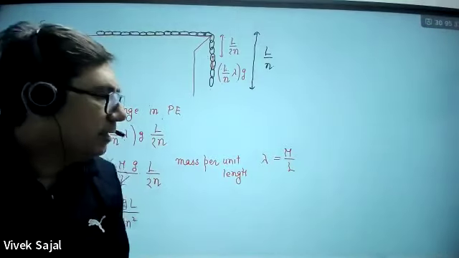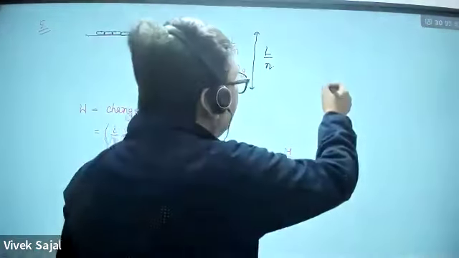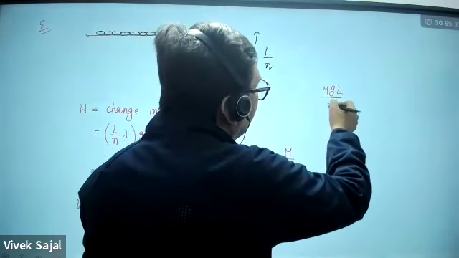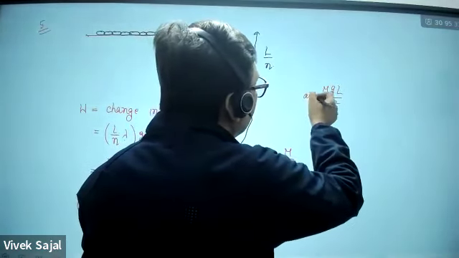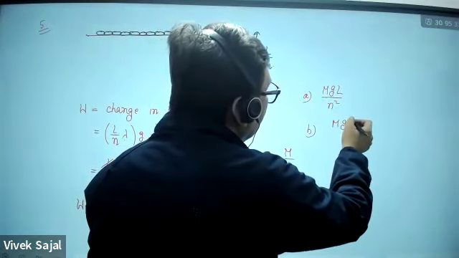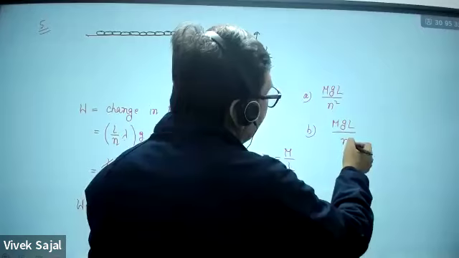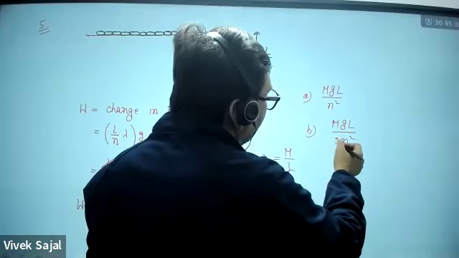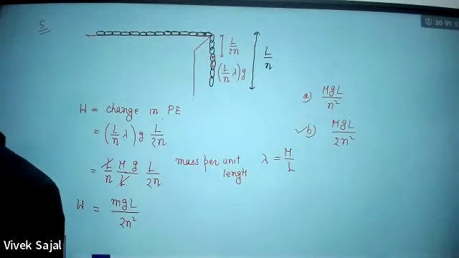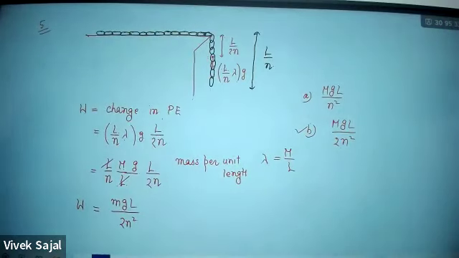In option A, I have written mgL upon n square, and if you look into option B, it is also mgL upon n square itself. Both are the same. Please write here, option B will be the correct answer.